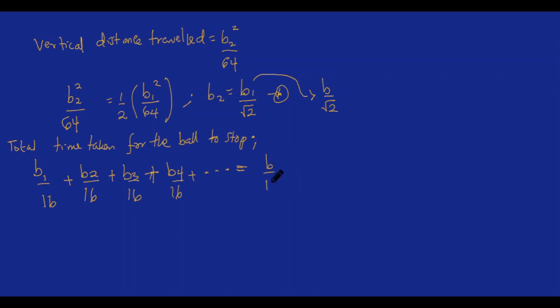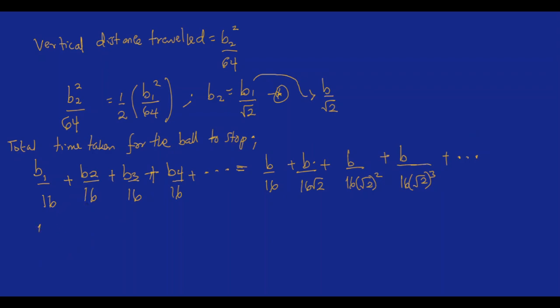So b divided by 16, which is b1 over 16, plus b divided by 16 root 2. Plus, remember that we can write the same expression for b3 and b2, which means b3 is the same thing as b2 divided by root 2. So that means we have an extra root 2 term there, which is now b divided by 16 multiplied by root 2 all squared, plus b divided by 16 multiplied by root 2 raised to the power of 3, and it goes on like that.